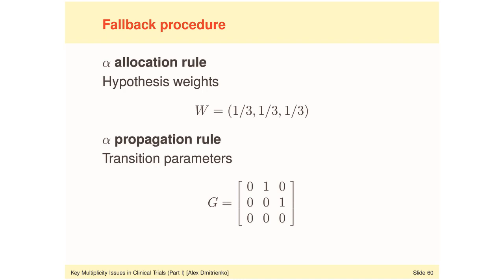As a result, to compute adjusted p-values based on the fallback procedure in example 4, we will need to define the vector of hypothesis weights. It is denoted by W on the slide, and also the matrix of transition parameters denoted by G. The weights and transition parameters for example 4 are defined on this slide.